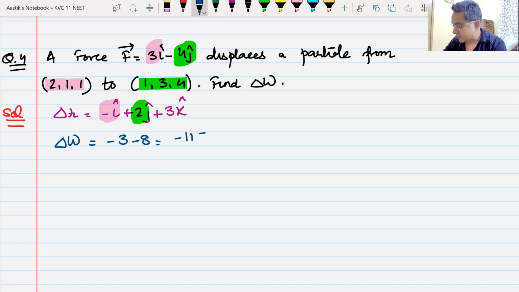So the answer becomes minus 11 joules. This is how you need to do it. You have to see the initial coordinates, you have to see the final coordinates, you have to subtract the initial coordinates from the final coordinates, and then you need to take the dot product.